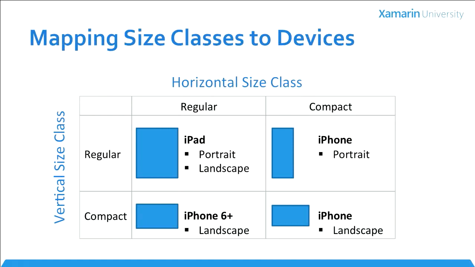Now, the important thing to keep in mind here is that every device will have a horizontal and vertical size class, and together these define the set of layout attributes, which are then going to decide what to show on the screen. So let's look at this information in a more graphical way, and we'll look at it from the device perspective.